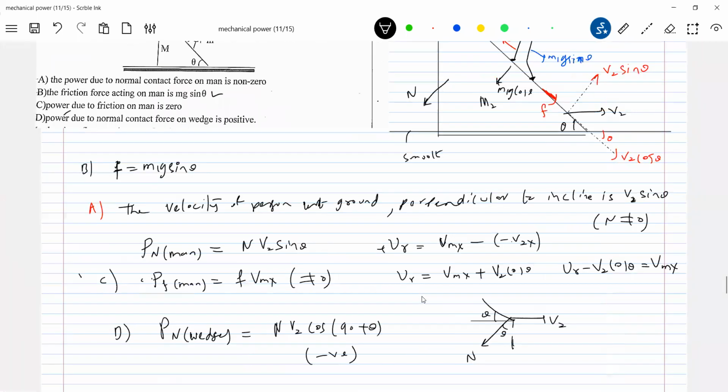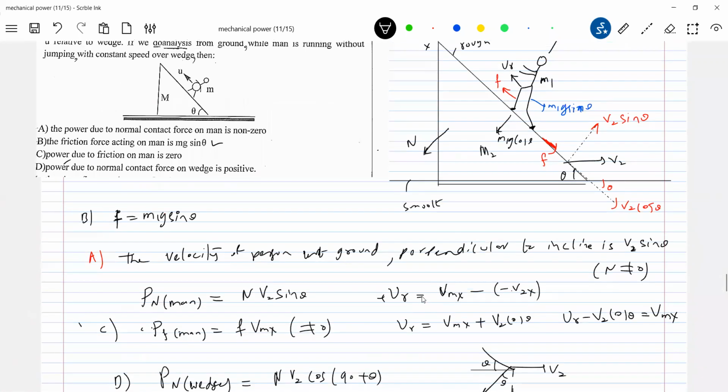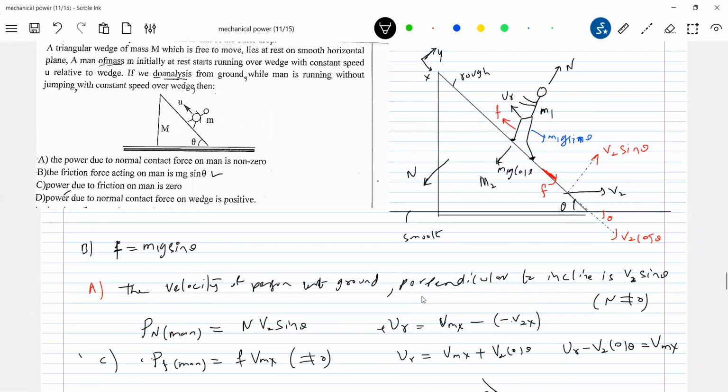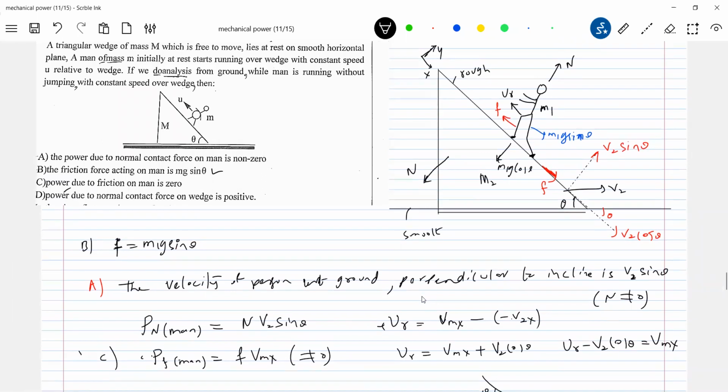Just some good problem to analyze. Thinking in different ways about the velocity of man with respect to ground, there's a different way I'm trying, because this will be the easiest method to analyze the problem. It's a theoretical question, he didn't ask numerical. So you should really search for an alternative method. I just took help of the basic constraint equation, because the person is in contact with the inclined plane.